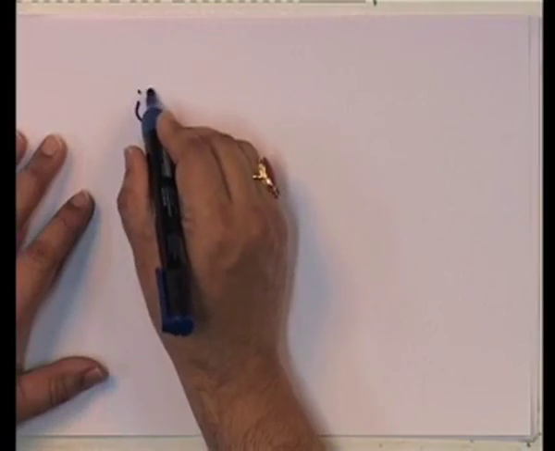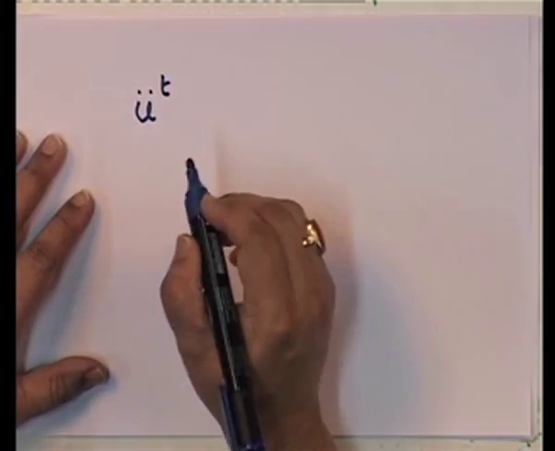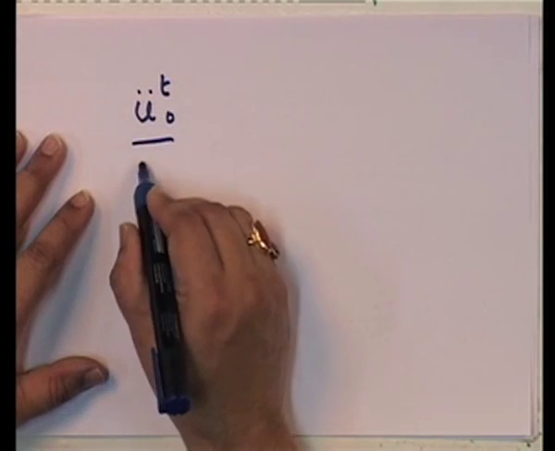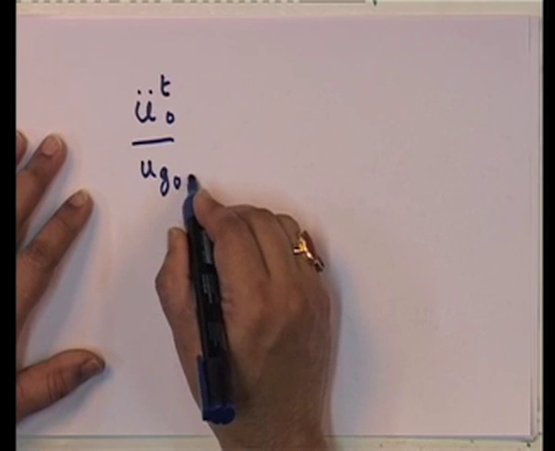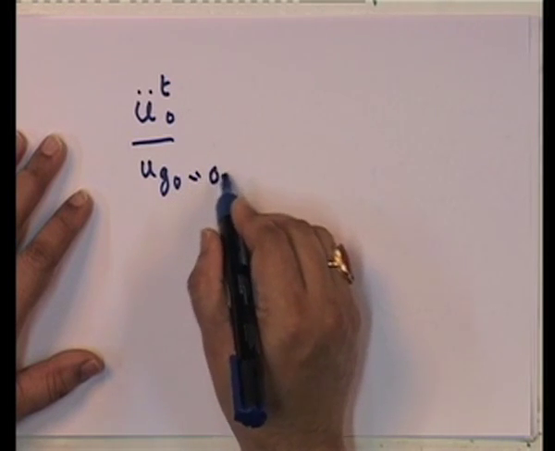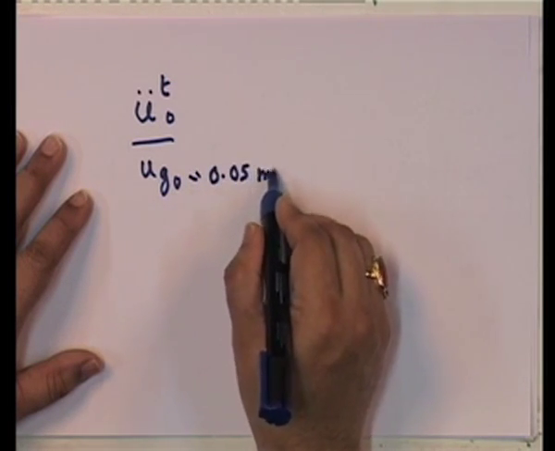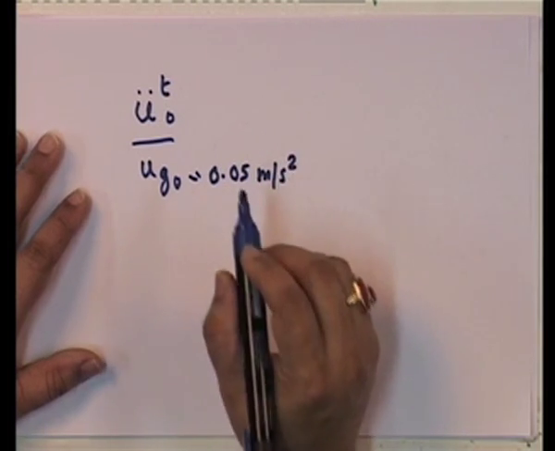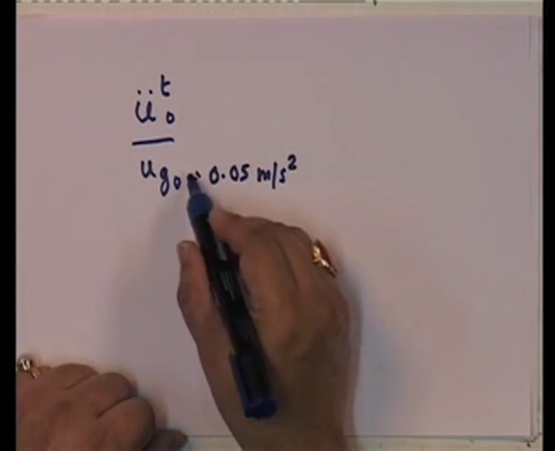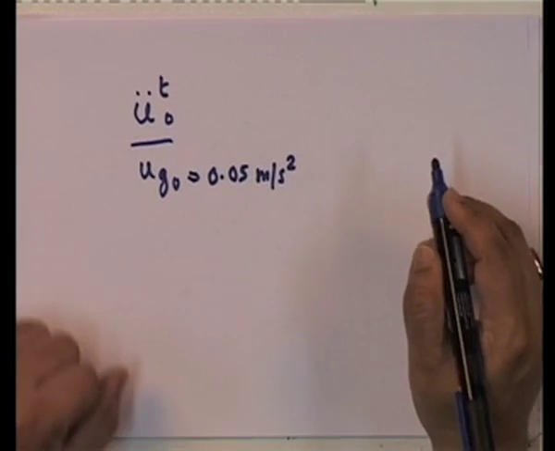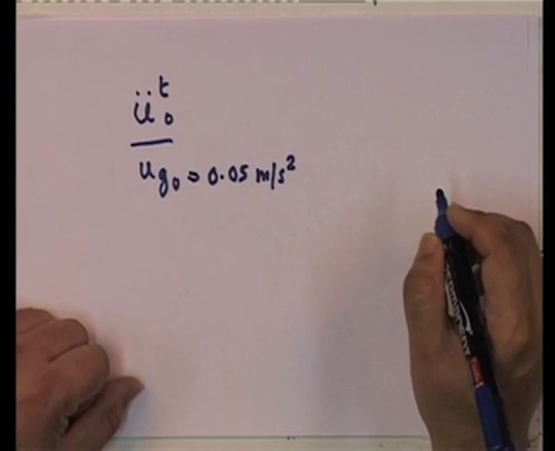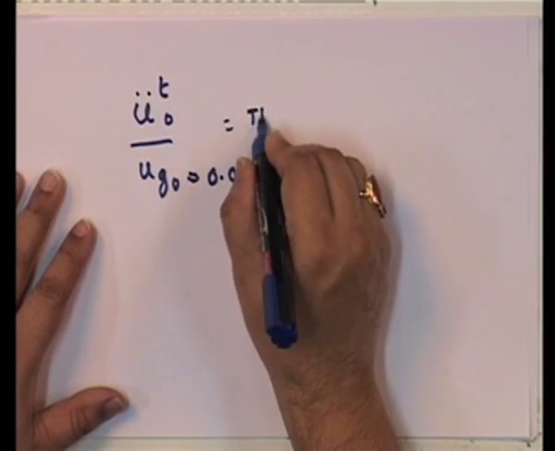So, my problem then becomes this, and I know that this is equal to... So, again this is a transmissibility ratio.